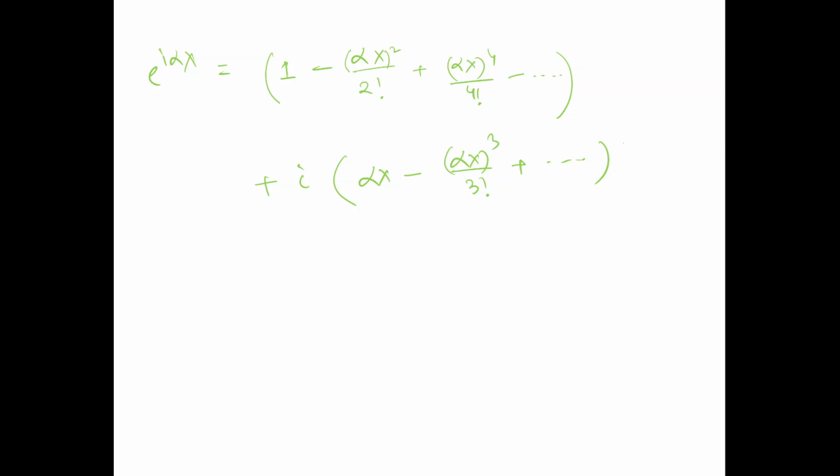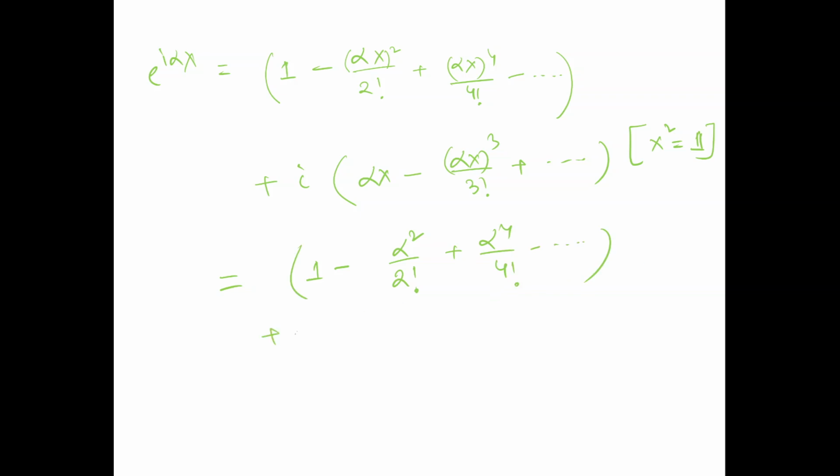Now, with the property x square equal to 1, the first parenthesis reduces to 1 minus alpha square divided by 2 factorial plus alpha to the power 4 over 4 factorial minus dot dot dot.